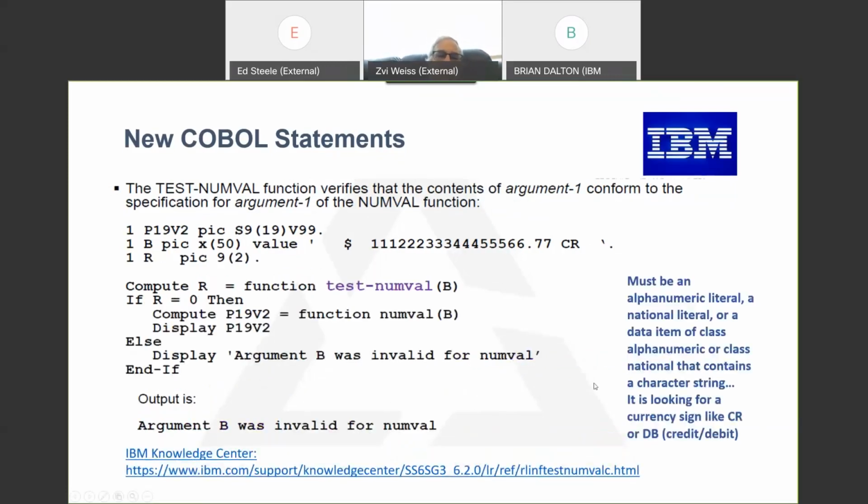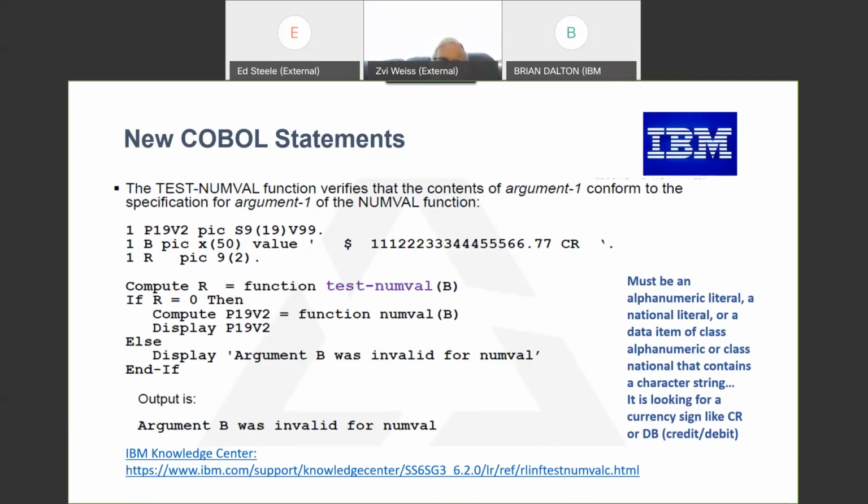Now, what test numval does for you is it avoids the abend. In other words, over here again, we're doing the same compute we had before, but before we actually do the numval itself, we say, do the test on this value B. If the return code is 0, which means that the argument fed to numval will be accepted, then compute the numval.